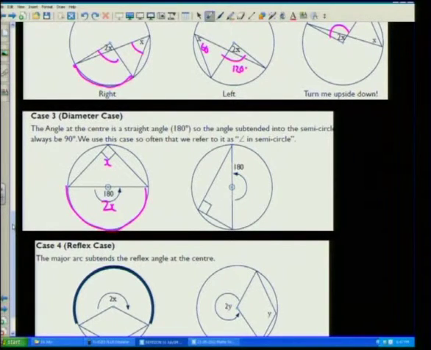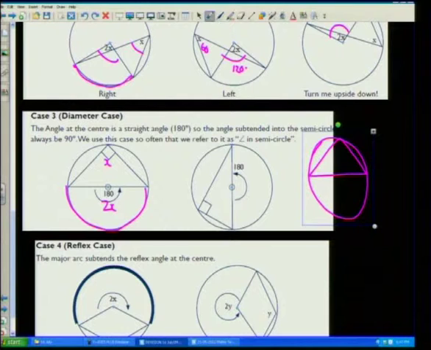That gives us a lovely proof that if you ever have a semicircle and an angle coming off that semicircle, then that angle is going to be 90. Sometimes that's useful in analytical geometry. But of course, it has to be that the angle at the center is 180 degrees.